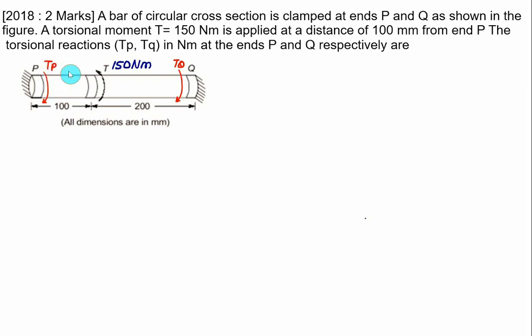So that these two external reactions will be cancelled. This one is shaft 1 and this one is shaft 2. So this is a statically indeterminate problem. So we have twist at point P equal to 0, twist at fixed end Q equal to 0.